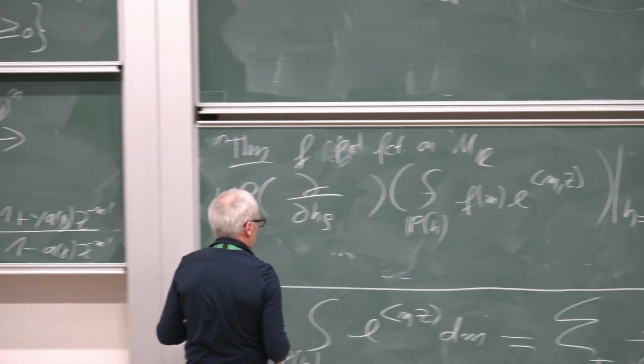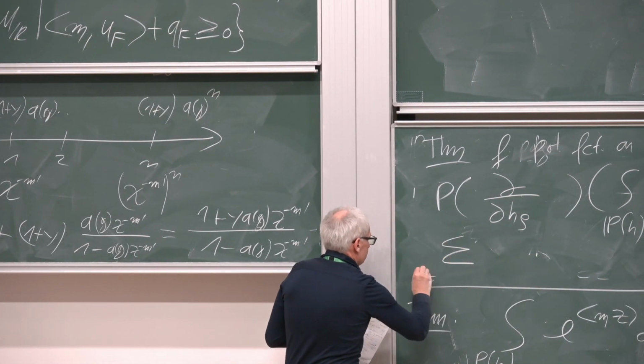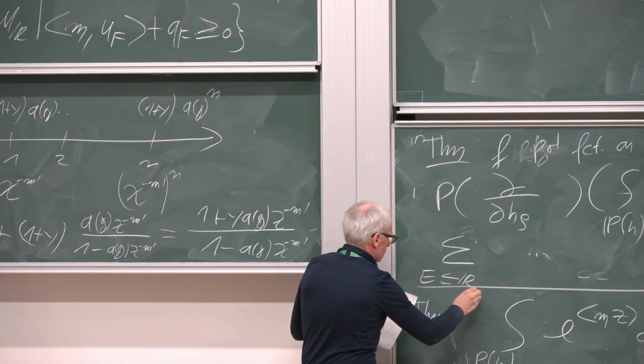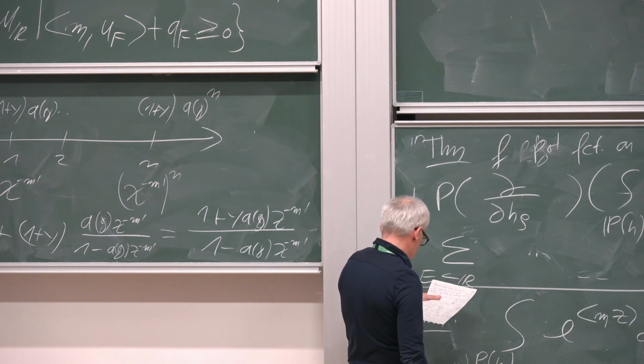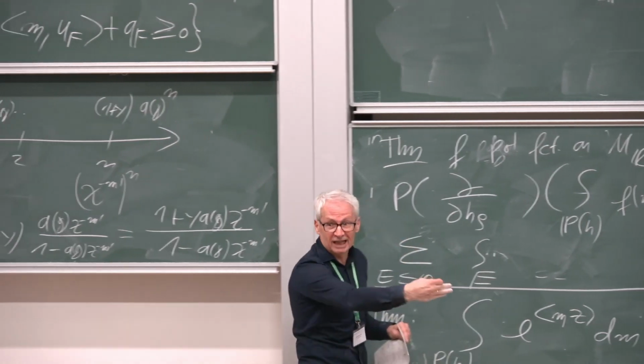Or, in the second formula, we get the sum over all faces of the polytope. We get an integral over this face, no dilation anymore.